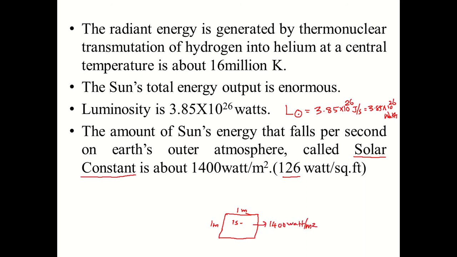So the solar constant is the amount of the sun's energy that falls per second per unit area on Earth's outer atmosphere, whose value is 1400 watt per meter square.